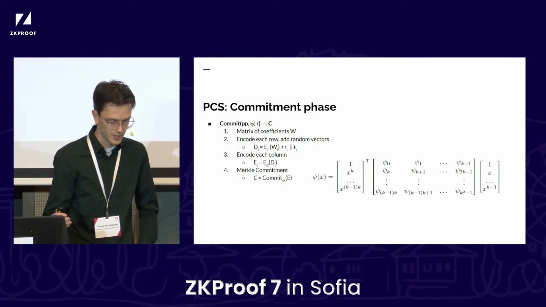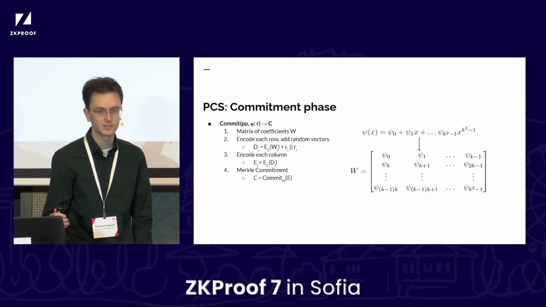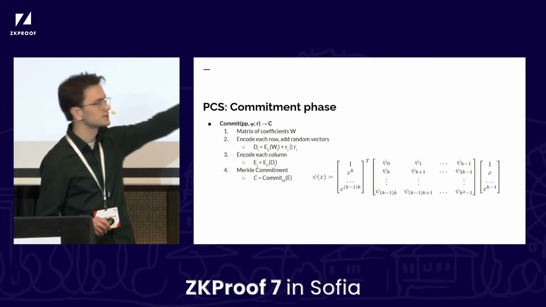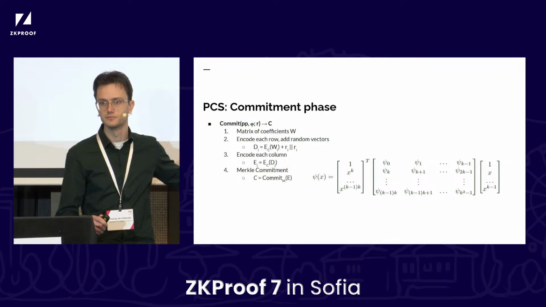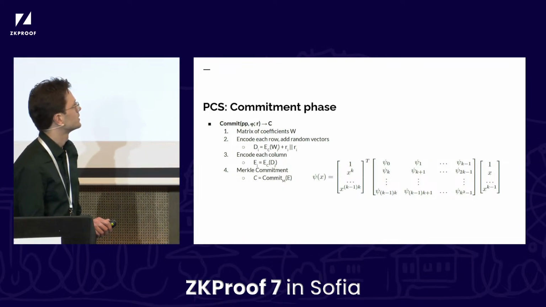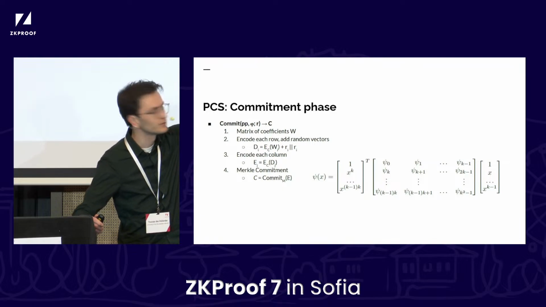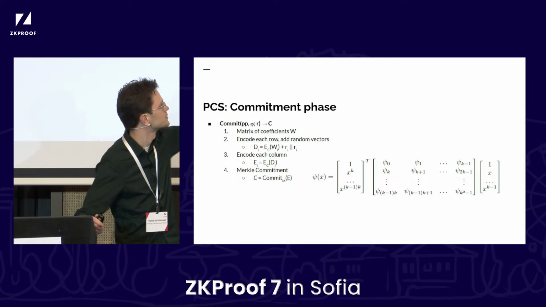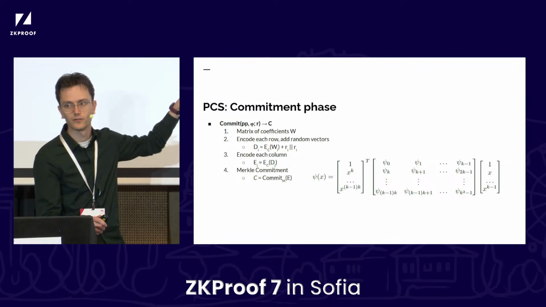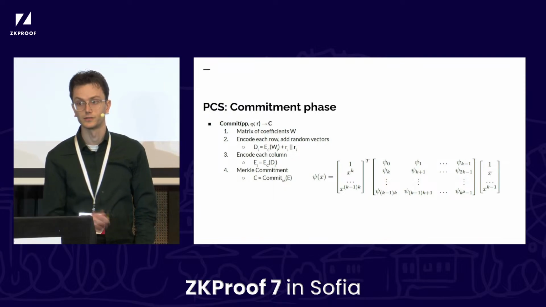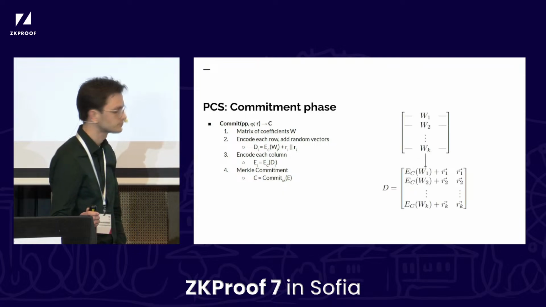And what we do is we encode every row of this matrix using a linear code. And note that this matrix we can multiply by both sides with specially designed vectors so that we can evaluate. So on the right we have all powers of x up to k minus 1, and then on the left-hand side we have multiples of x to the k. And then k is equal to the square root of the size of the matrix.